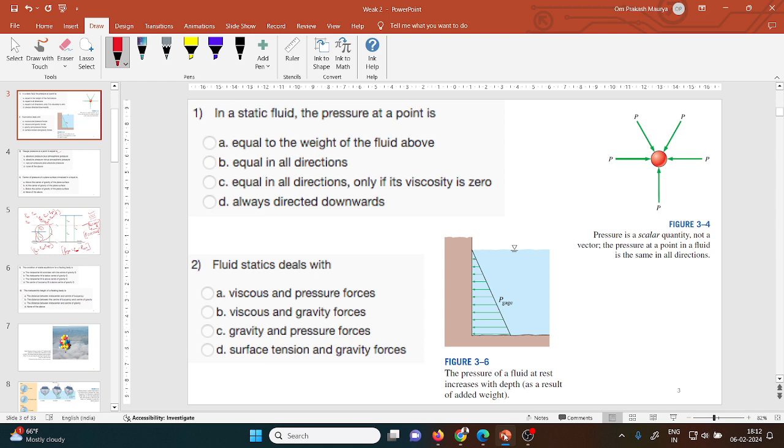In a static fluid, the pressure at a point: option A, equal to the weight of the fluid above; option B, equal in all directions; option C, equal in all directions only if its velocity is 0; option D, always directed downward. This is a very important and very conceptual question.